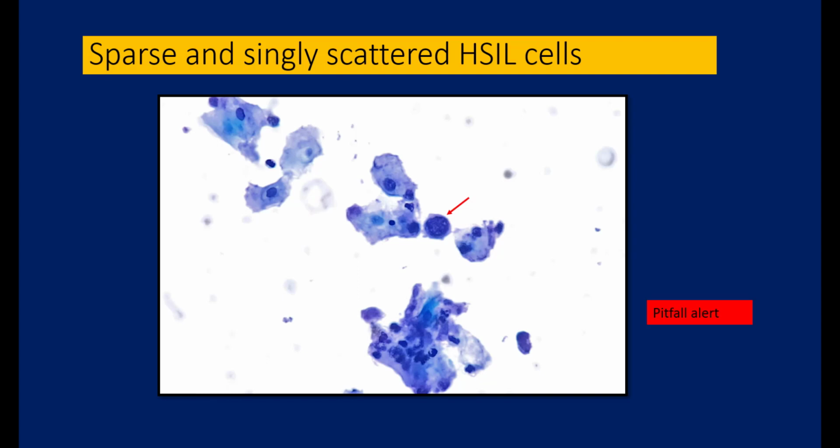But if you see a cell which is as abnormal as this one, even if you see one or two cells like this with such a high nucleocytoplasmic ratio, a rounded cell with hyperchromasia, with very abnormal chromatin, indentation of the margin, these are the ones which can be very easily missed, and HSIL is known to show these kinds of singly scattered cells at times. So thus there is this so-called pitfall alert.